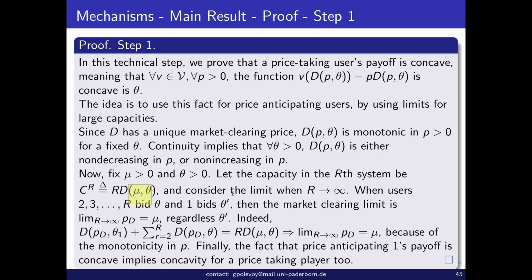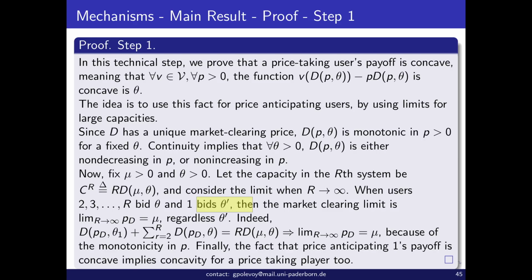And consider the limit when the number of users goes to infinity. Users 2 to R bid theta, and user 1 bids some other theta prime.